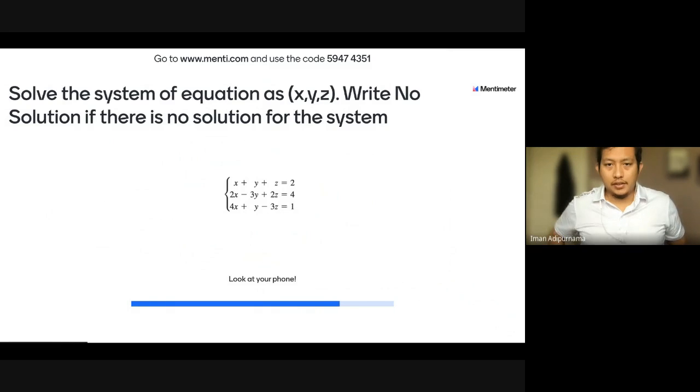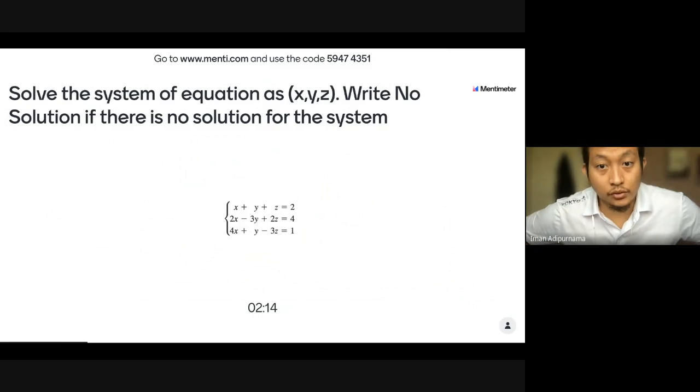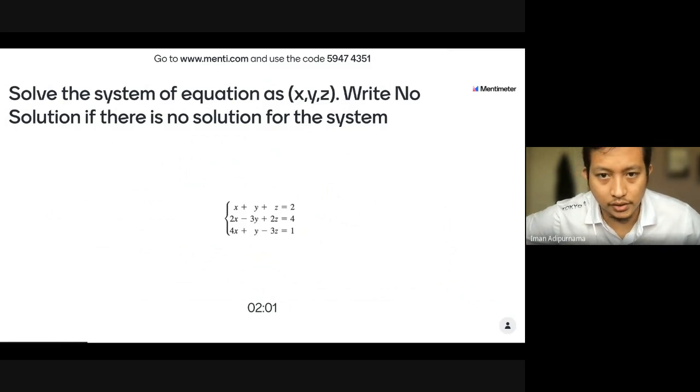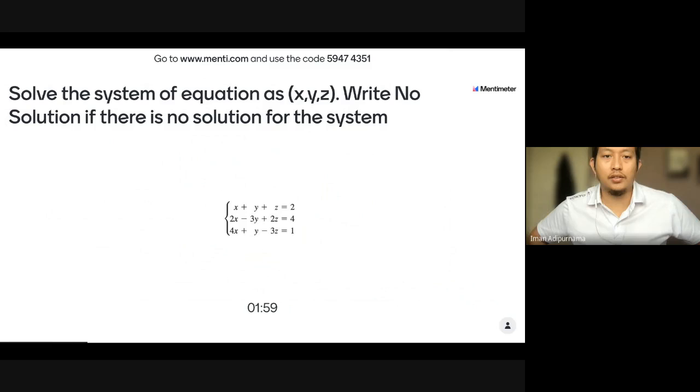Okay, write in terms of x, y, z without space. So x, comma, y, comma, z. Then use the bracket. You can also remove the bracket if you want. I already prepared this for the answer. Or you can write no solutions.